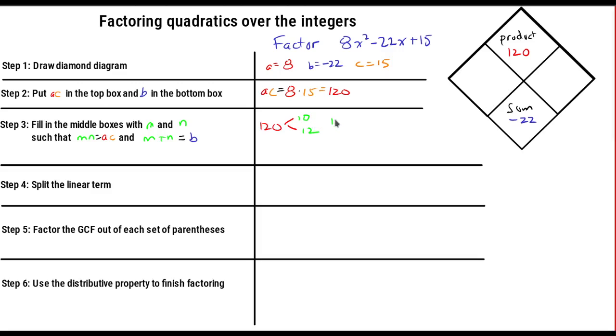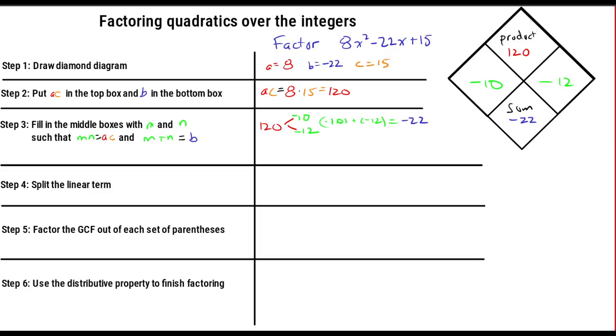And 10 plus 12 is positive 22. So if we put in minus signs, negative 10 and negative 12, negative 10 plus negative 12 equals negative 22. So that checks out. We can take m equals negative 10 and n equals negative 12. The product is 120. The sum is negative 22.